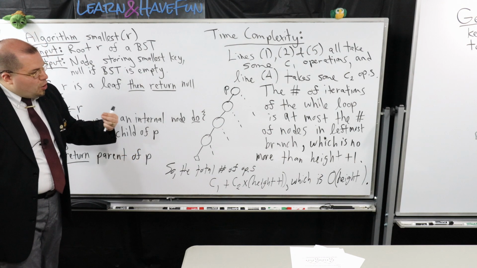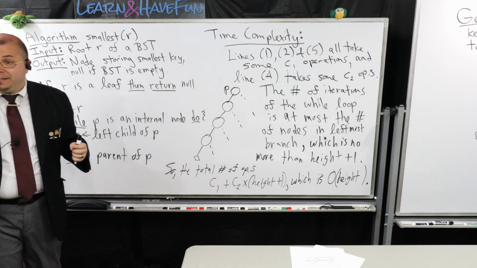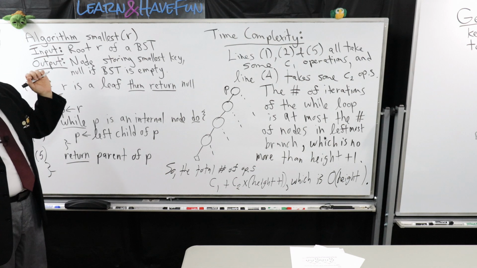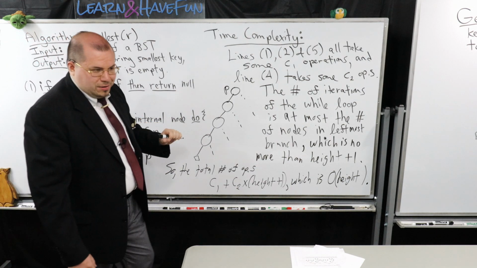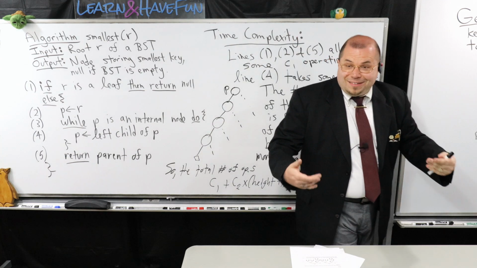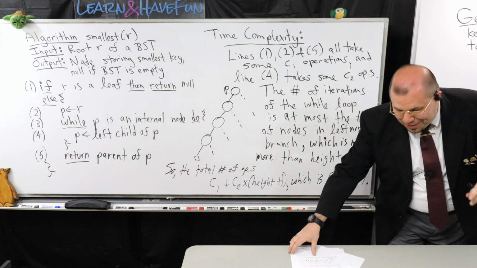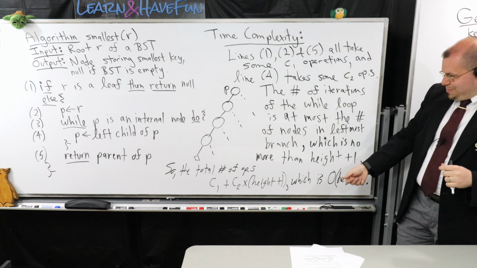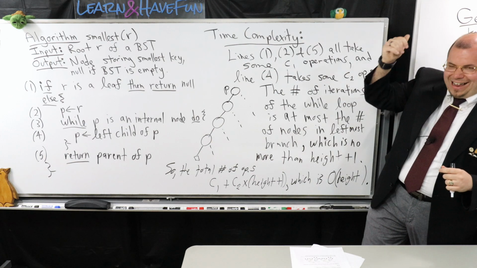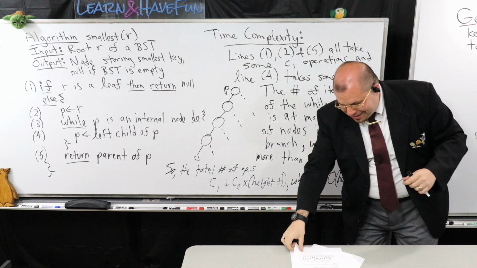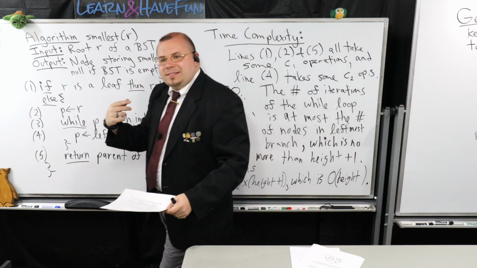It will surely be no more than the height plus 1 regardless. So this is a useful property that we're going to use throughout this lecture. So that's what I mean by similarities. I want you to take note of that. Just pick it up, put it behind your ear and be like, okay, we'll need that later. So is this analysis clear, everybody?